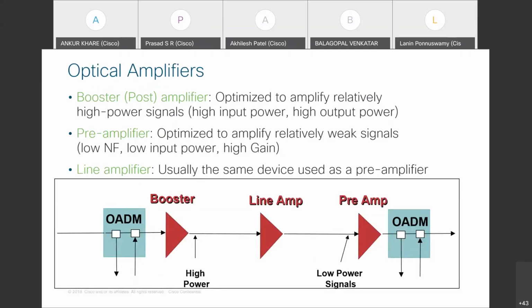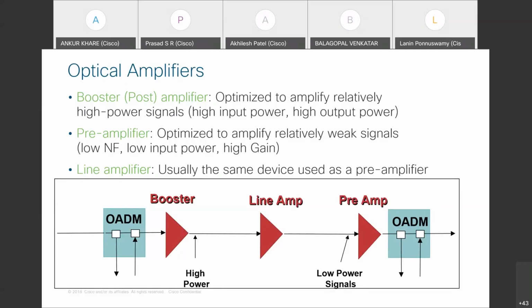The optical amplifier, what we saw in the network, right? There can be three types of amplifiers. Based on the requirement and distance, there is a very complex formula to calculate the optical power link budget, when we plan any link between two cities or any different places, right?